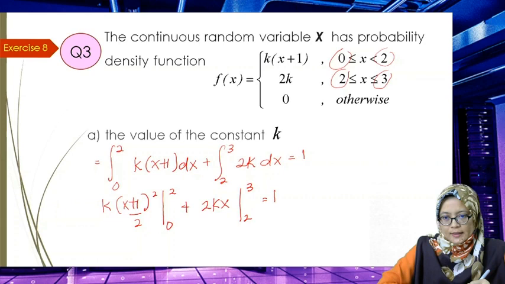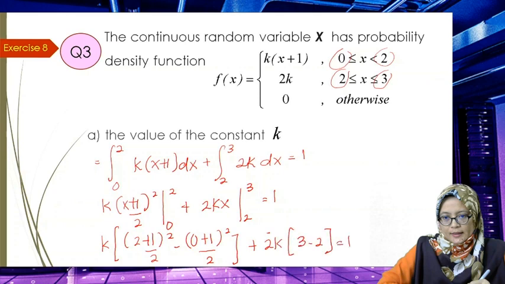Okay, so then kita akan ganti value. So ini ganti x2 plus 1 square over 2 minus 0 plus 1 square over 2 plus 2k, substitute value x, 3 minus 2 equal to 1.